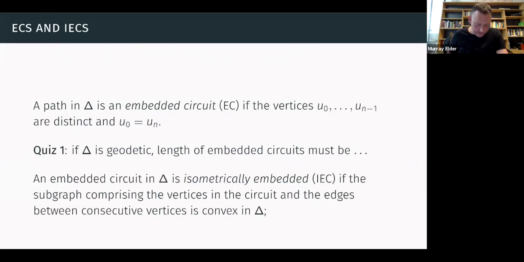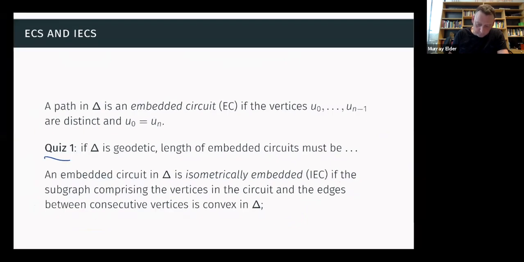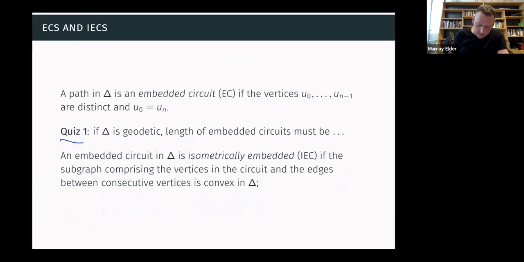So what Mikhail answered was the same quiz 2 when we talk about isometrically embedded circuits. So an embedded circuit is isometrically embedded if the subgraph comprising the vertices in the circuit together with the edges between consecutive ones is convex in the metric, in the distance of the graph, so that there's no shortcut that's outside of the circuit.